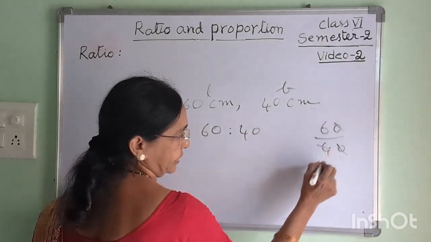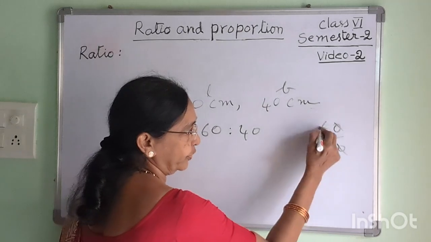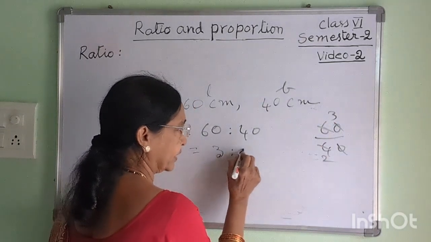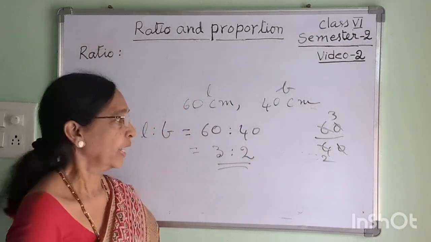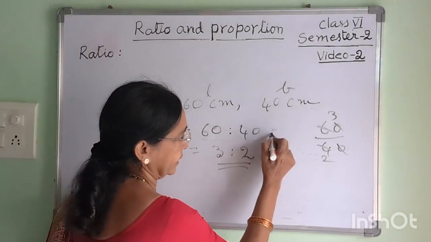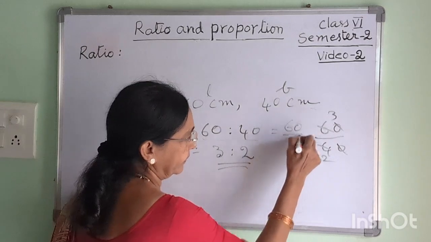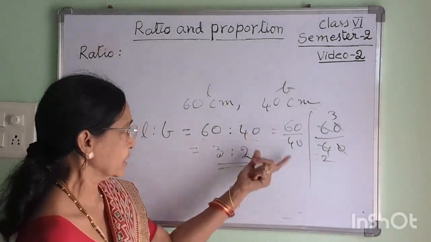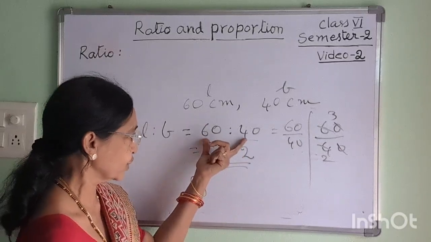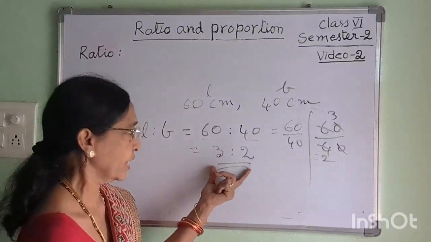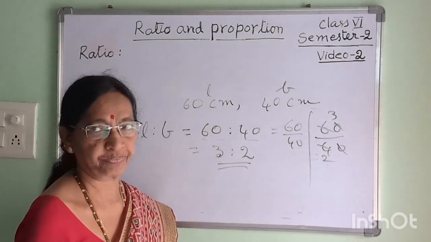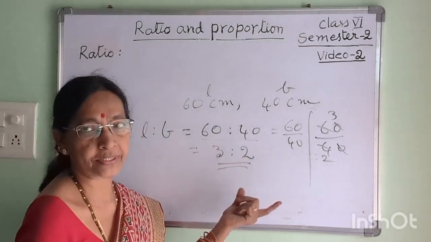Therefore, if simplified, 2 2s are 4, 2 3s are 6. Therefore, this ratio is equivalent to 3 is to 2. The ratio 60 is to 40 is equal to 3 is to 2 in simplified form or in simplest terms.